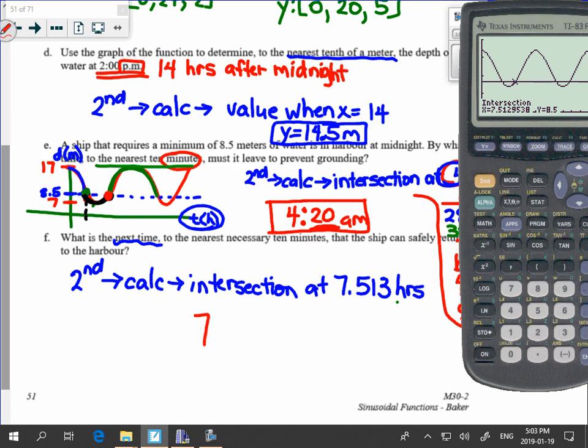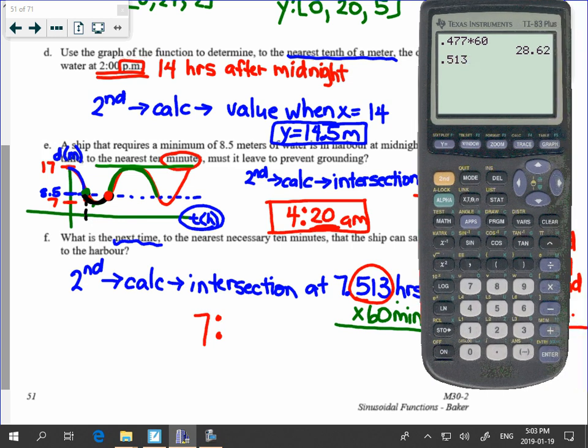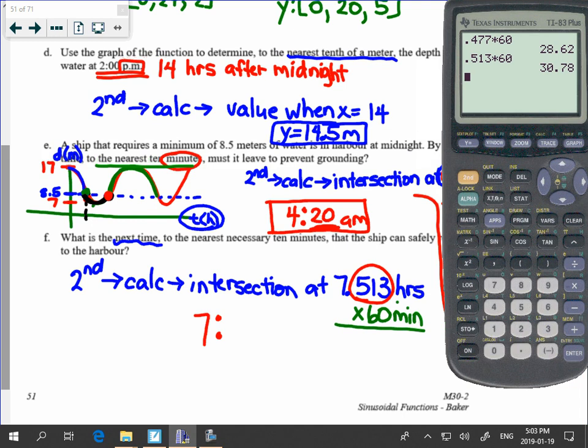Okay, so it's going to be 7 hours after midnight and 0.513 hours, which we need to figure out how many minutes that is. So we have to multiply by 60 to figure out the minutes. So 0.513 times 60 equals 30.78 minutes.